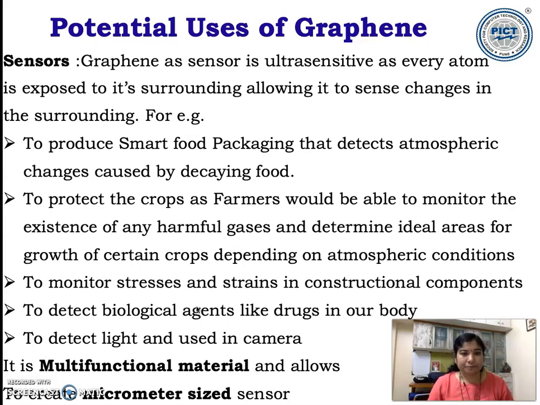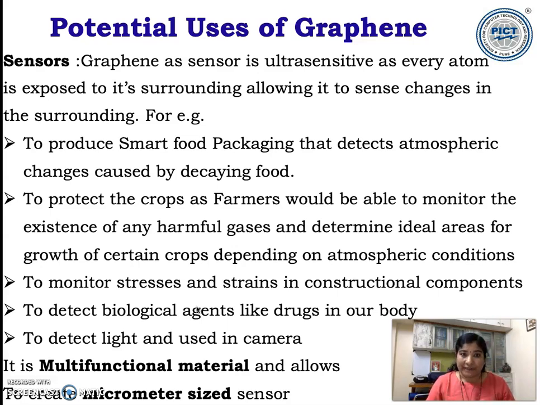For example, one can use graphene to produce smart food packaging that detects the atmospheric changes caused by decaying food. It can even be used to protect crops, as farmers would be able to monitor the existence of any harmful gases and determine the ideal areas for the growth of certain crops depending on the atmospheric conditions. All these will be in the form of sensors.